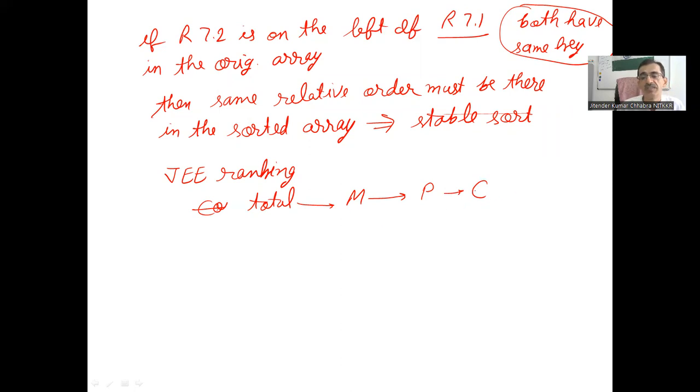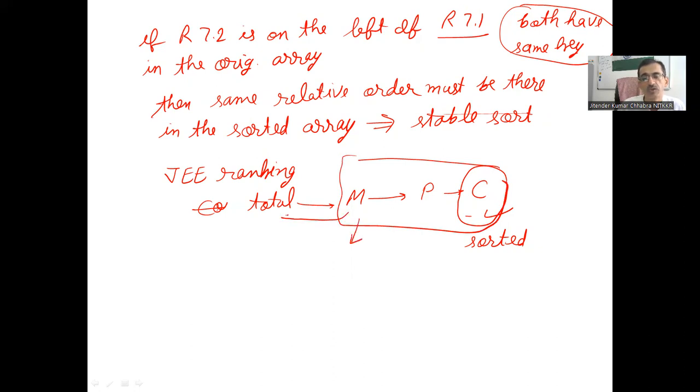Now assume that you have already sorted the marks on basis of chemistry. If they are already sorted on basis of these in some way, now they are sorted for the total.